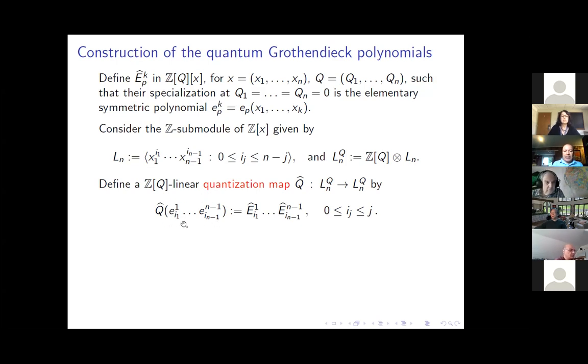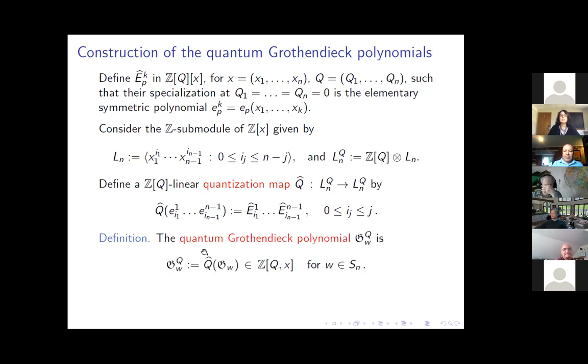And this monomial in the elementary symmetric polynomials is sent to the similar monomial, but in these quantum versions. So you just replace the small e with an e hat. So this is a linear map called the quantization map.